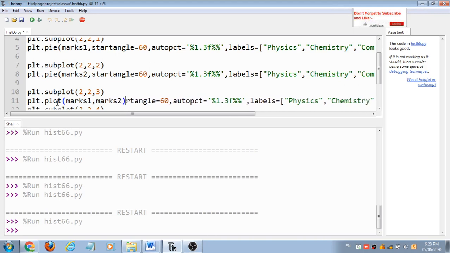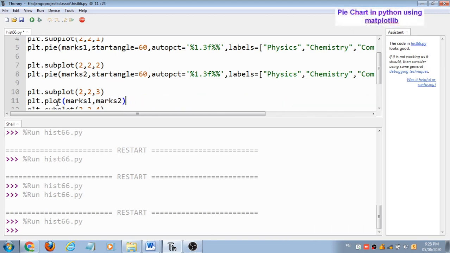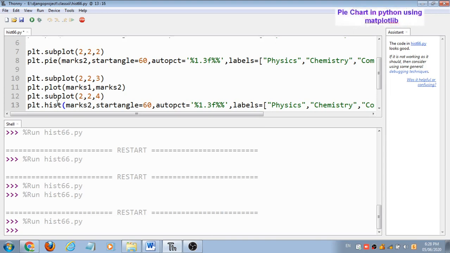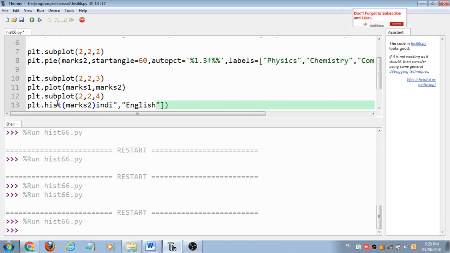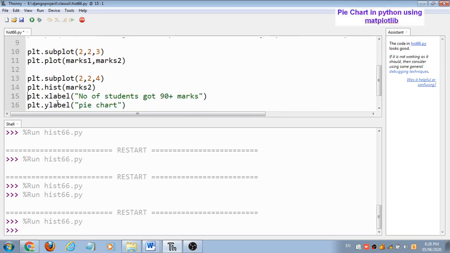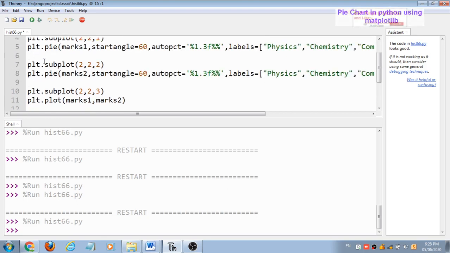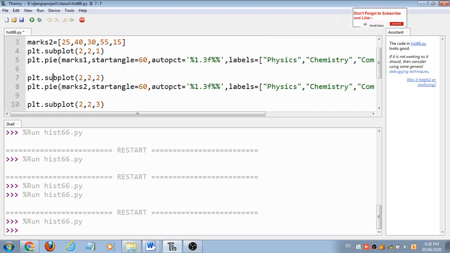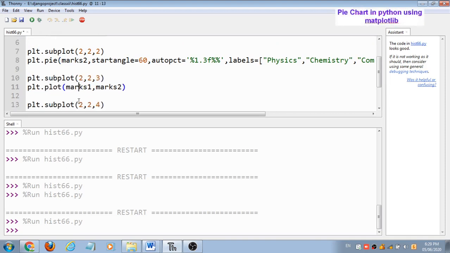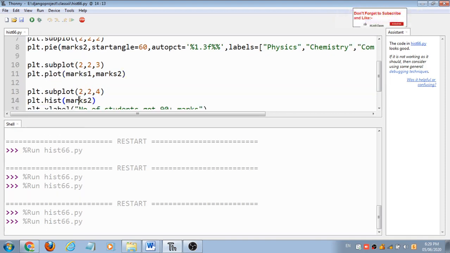Let's remove all these labelings. Then for the last, suppose I am using a histogram for this marks 2. So for the first I am drawing a pie chart, for the second a pie chart, for the third a line chart, and for the fourth a histogram.